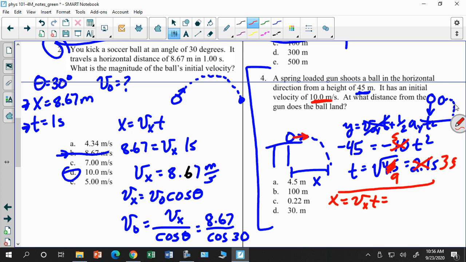I thought that was strange. I try to limit your calculator use as much as possible. Okay? So yeah, the answer should be 3 seconds for the time. And then v_x is going to be 10 meters per second times 3 seconds, or 30 meters. All right, so D would be the right answer.